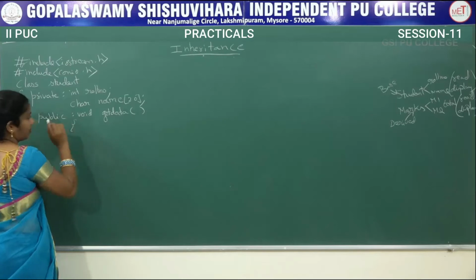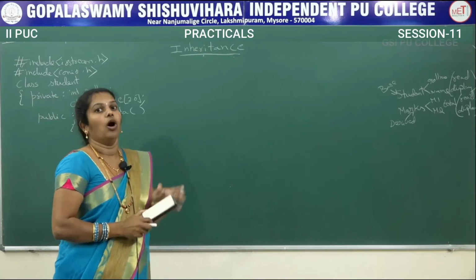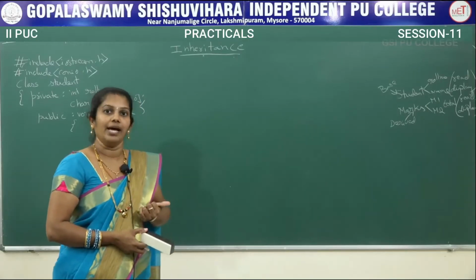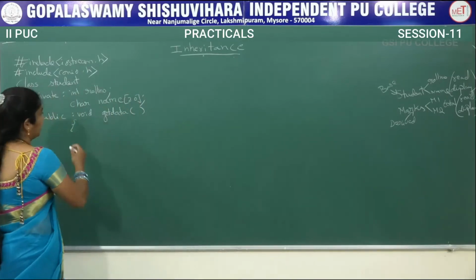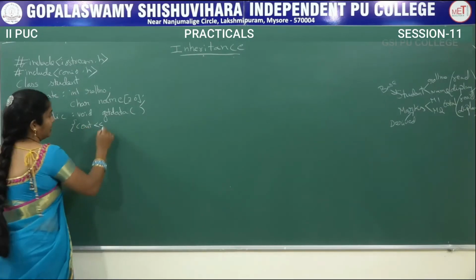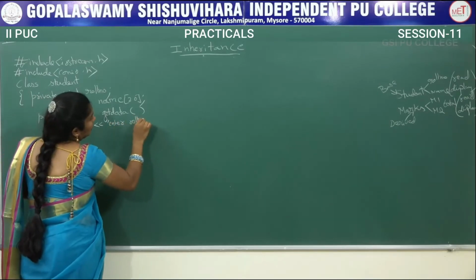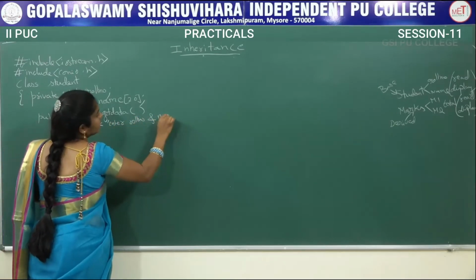Inside this, what do I want to write? I want to display enter the value of roll number as well as name. Then I have to take cout, the insertion operator, inside the double quotes: Enter roll number and name.